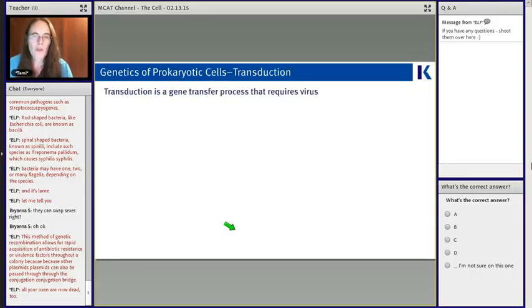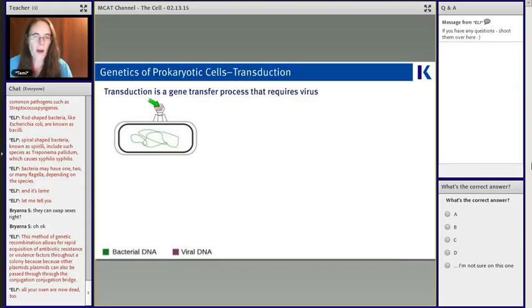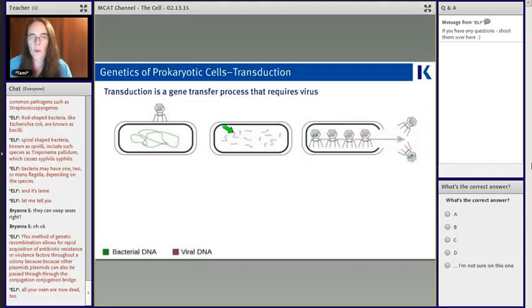When we look at transduction, we have our bacteriophage. Our bacteriophage is going to put its viral DNA into the cell. The blue is the bacterial DNA, the pink is the viral. What happens is that when we replicate the bacterial DNA, because the viral DNA integrates itself, it will also replicate the viral DNA.